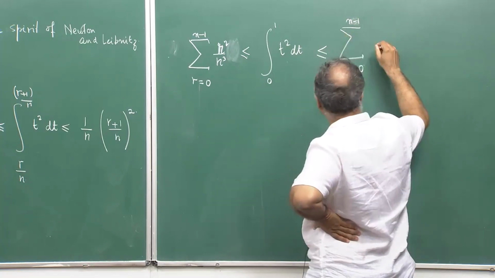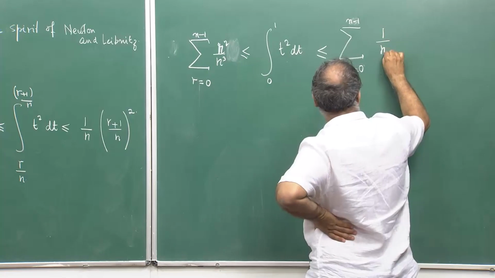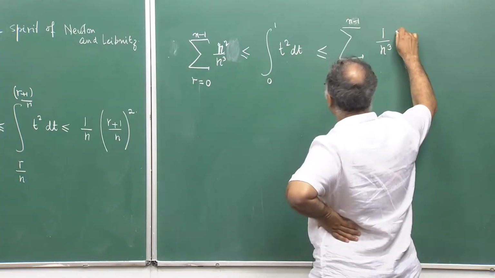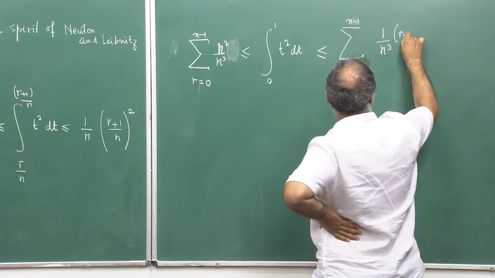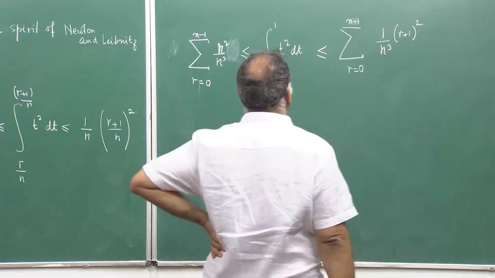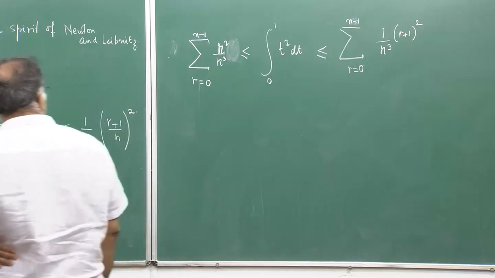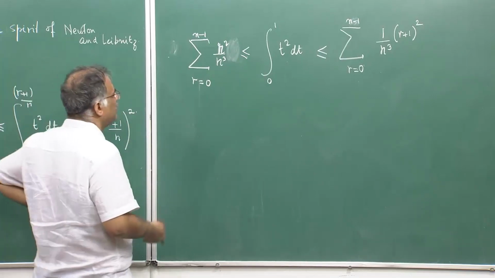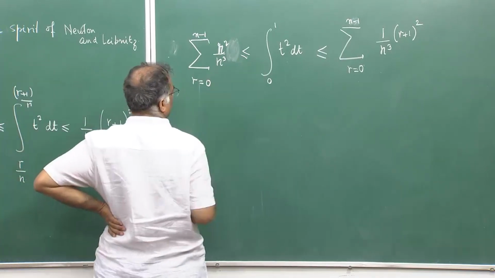So it will be 1 by n cube. So, this is the summing. n is not the issue, n is fixed, so you are varying r.